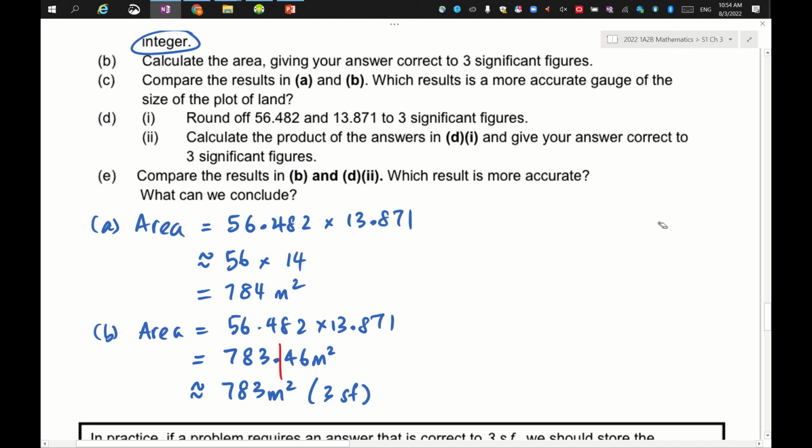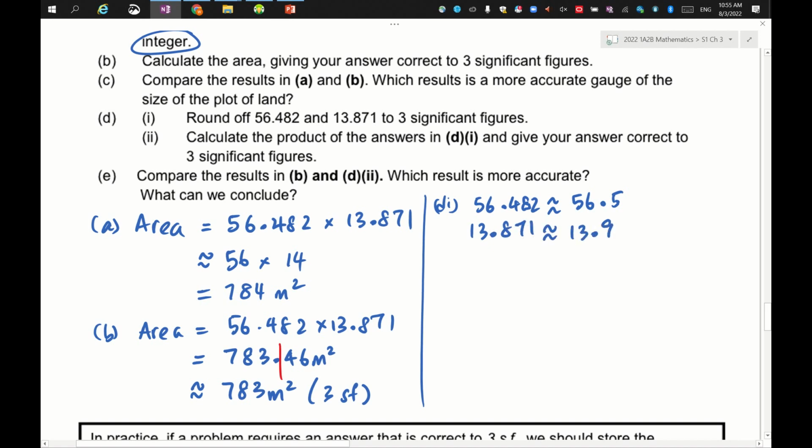And then we have a part D. Part D says compare. Oh no, round off, okay, 56.482 to 3SF, so we get 56.5. The other number is 13.871 to 3SF, 13.9. Calculate the product of the values in D part 1.